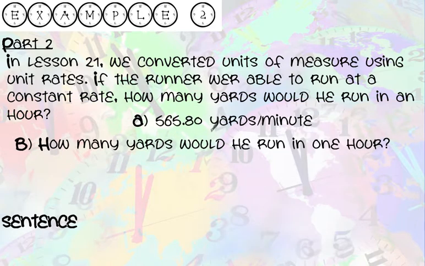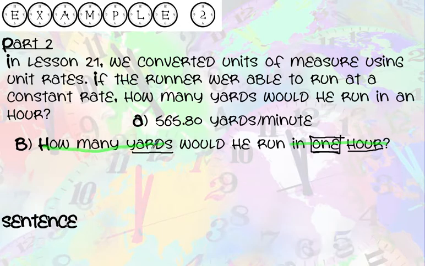Right, so in the next step, I'm going to use my answer from part A to figure out, it's asking me here, how many yards would he run in 1 hour? So 1 being my important number. How many yards in 1 hour?